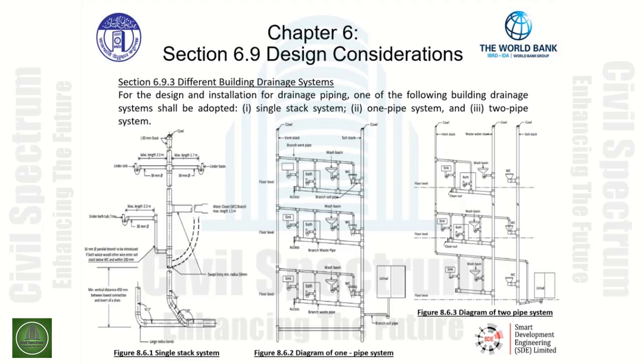The next stack is the wastewater stack in the middle that collects discharge from wash basins, sinks, bathtubs. As you can see, there are no water closets or urinals on this particular wastewater stack. In both cases, the venting is interconnected through individual vents and branch vents and ultimately connected to the vent stack, which is seen on the left-hand side of this diagram.